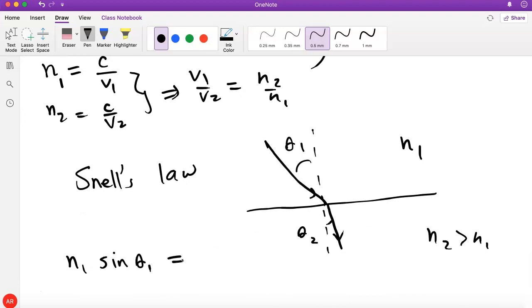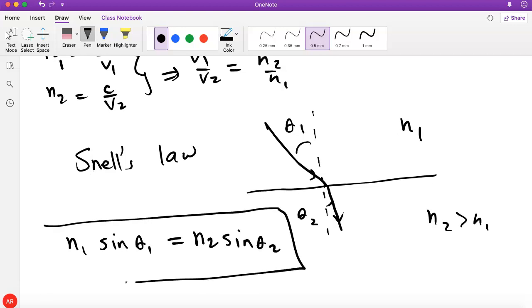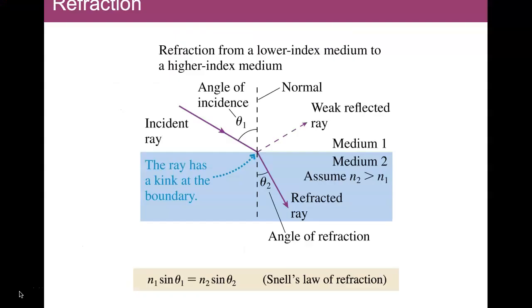It's a more common way to write it. That's known as the law of refraction, or Snell's law. That's a better picture, just showing Snell's law.